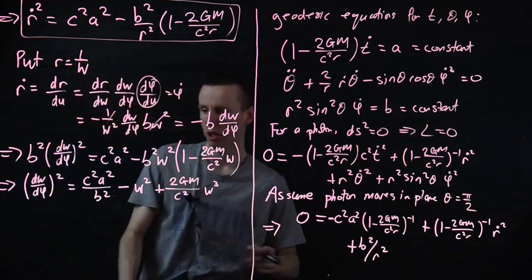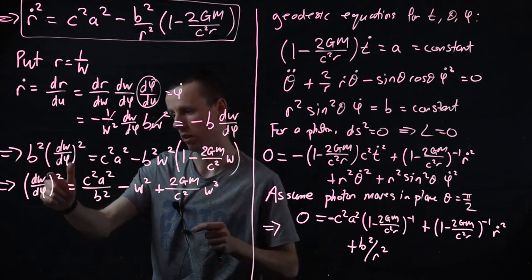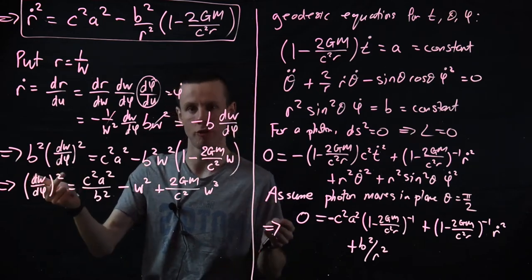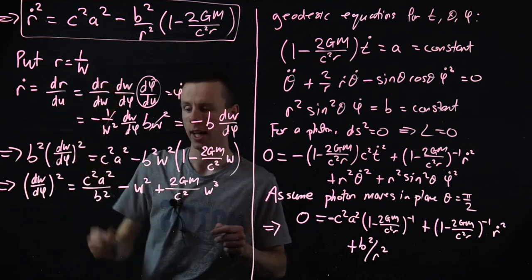And finally now we have a differential equation for w in terms of phi. If we can solve it for w, then we can get r straight away from here. r is just 1 over w.